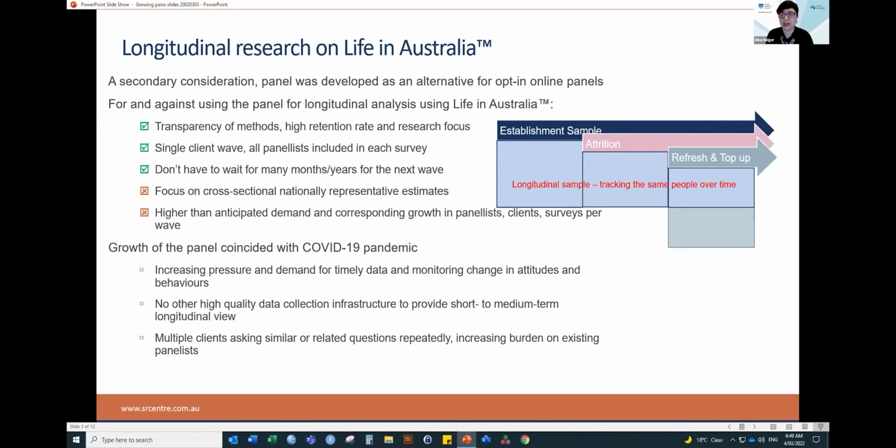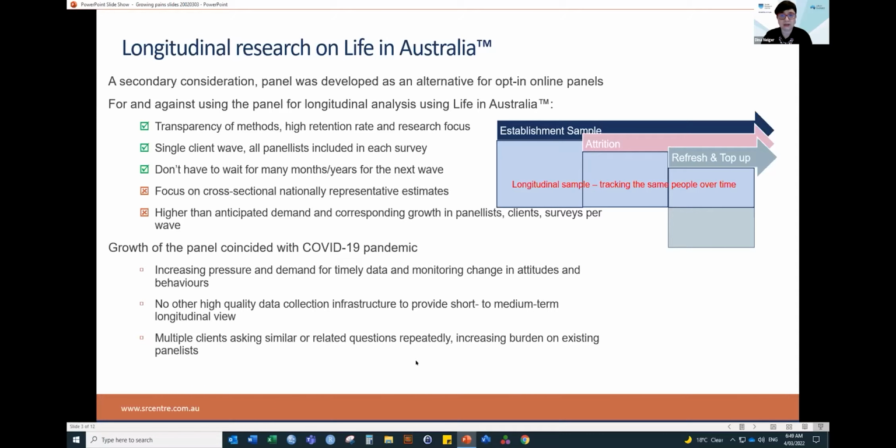So we had potentially similar related questions being asked repeatedly from the same respondents. We had to grow the panel quite quickly and intensively to make sure that we can meet the research requirements, and also to make sure that it stayed contemporary and representative. And we had the pressure on providing some longitudinal estimates as well.